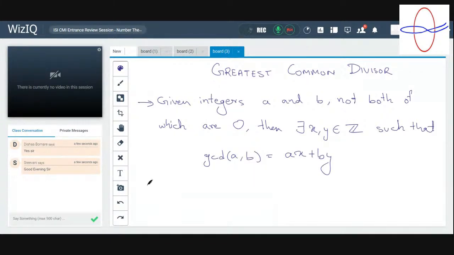And another thing that is immediately obvious is that the set T of all AX plus BY as X and Y range over the integers is precisely the set of the multiples of the GCD.